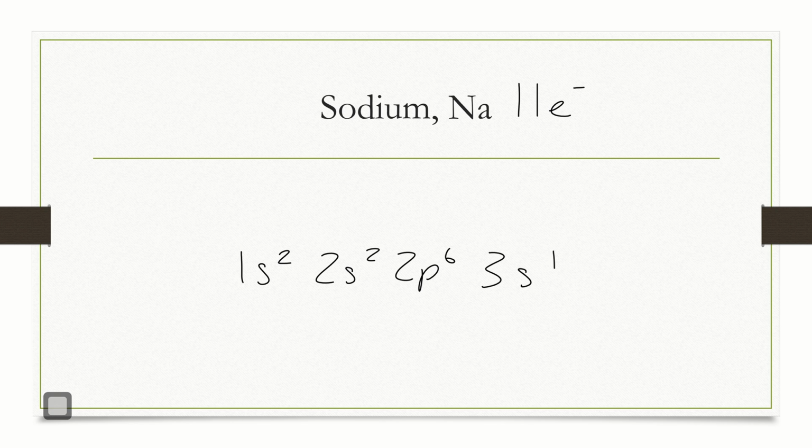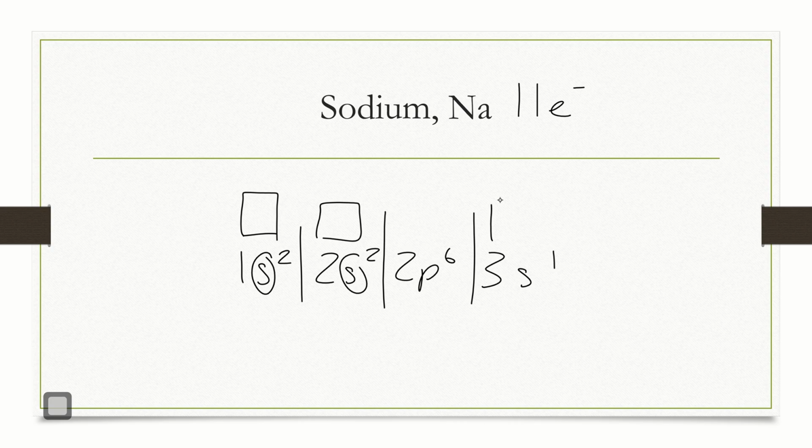The reason I do that is that now you can put in the correct number of orbital lines. S's always only have 1 line or 1 box, so all the S's are only going to be 1 box. But P is 3, so we have to put 3 boxes here. There has to be 3 boxes.